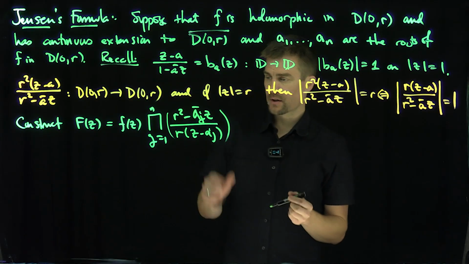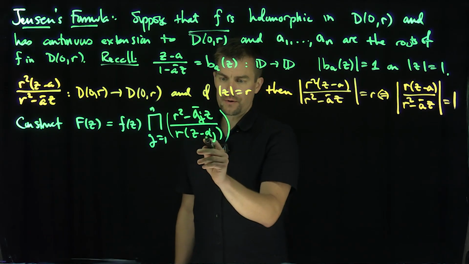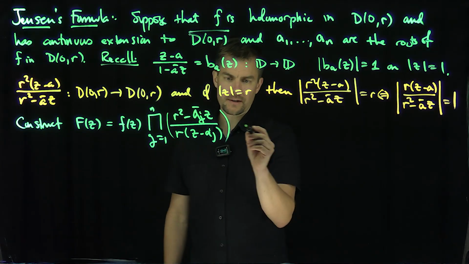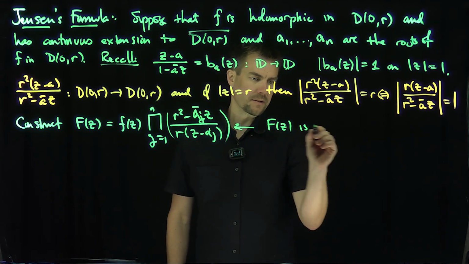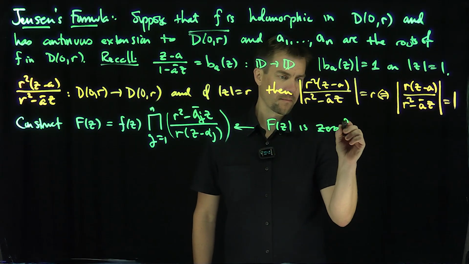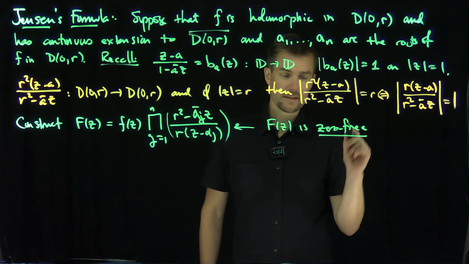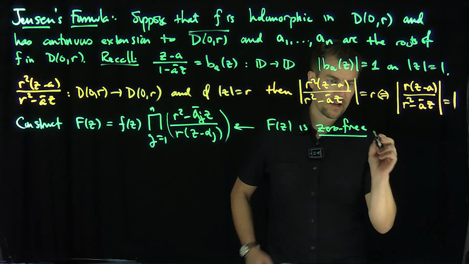Now, what can I notice about this thing over here? Notice that all the roots of f are over here, right? So this function, capital F, is zero-free, right? Because I've canceled out all the zeros by putting them in the denominator.